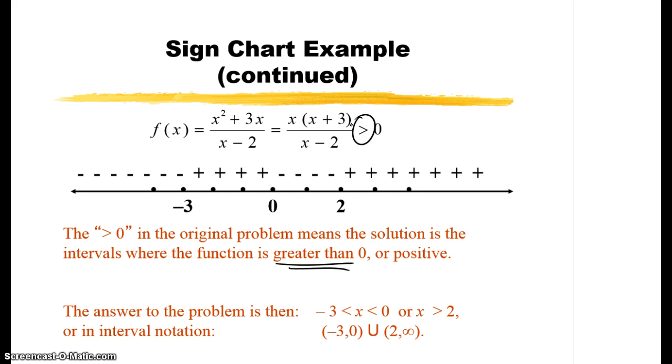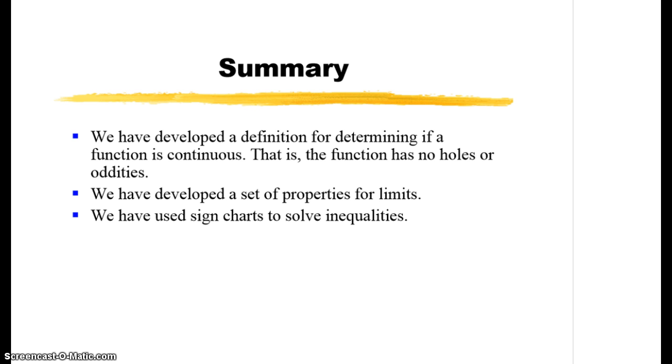Remember, the original problem asked when this is bigger than 0. You look at the intervals and pick the ones that have plus signs. That would be negative 3 to 0 and 2 to infinity, so x is between negative 3 and 0, or x is bigger than 2. In interval notation, we write negative 3 to 0, union 2 to infinity. So that's how you do a sign chart.